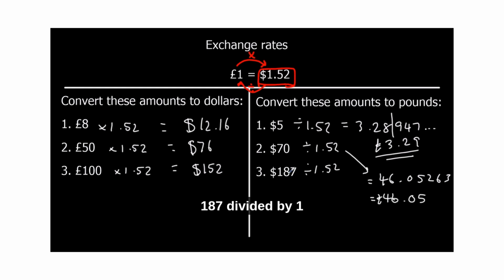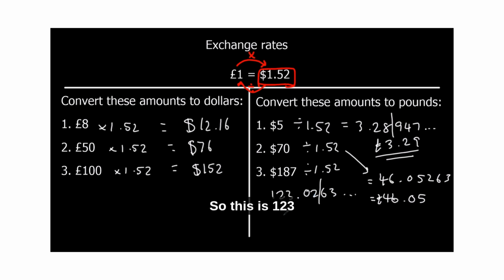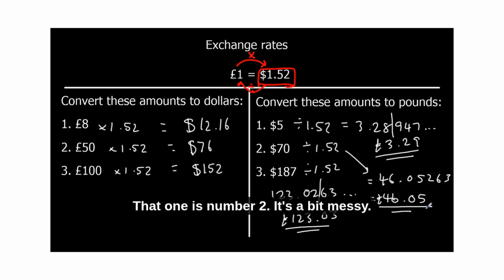And finally, 187 divide by 1.52 gives us 123.0263 and so on. We want to round to 2 decimal places again, so this is £123.03, so that's for number 3. That one is number 2.